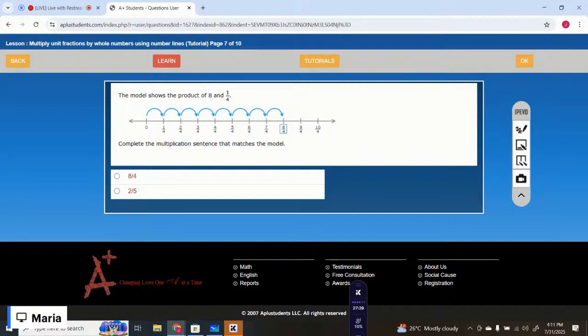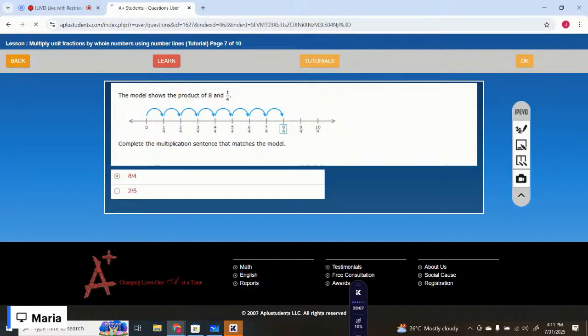Complete the multiplication sentence that match the model. That is 8 over 4. Option number 1 is the correct option.